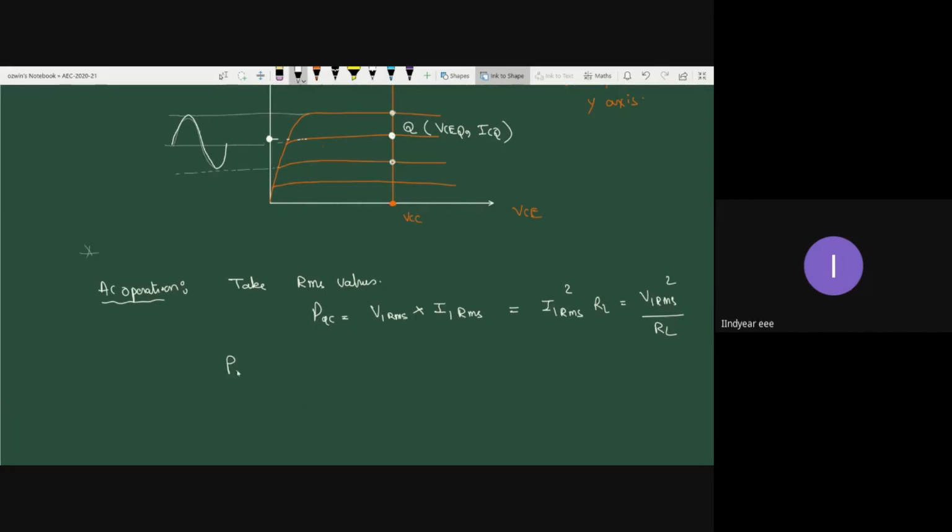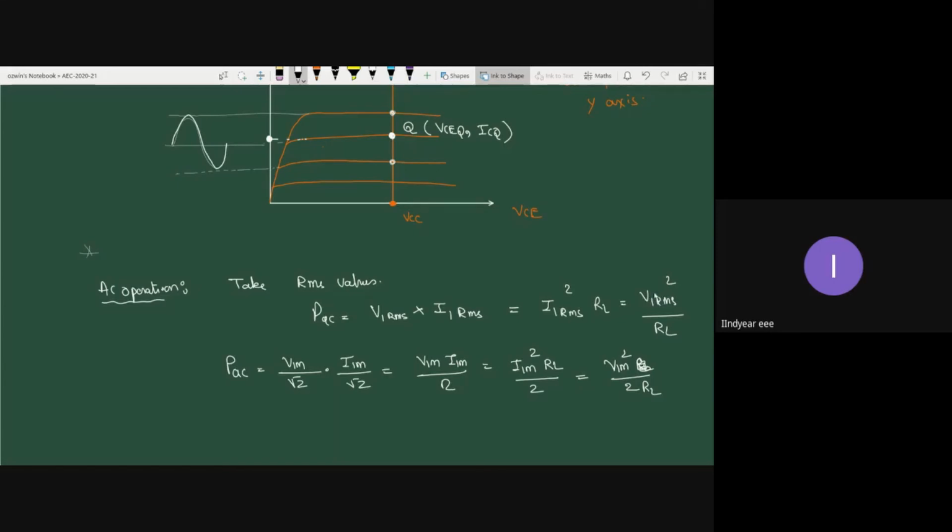Or in terms of maximum value, you can write PAC is equal to V1 maximum divided by root 2 into I1 maximum divided by root 2. Or it is V1M I1M divided by 2. Or in terms of current, you can write I1M square into RL divided by 2, or V1M square divided by 2 RL.